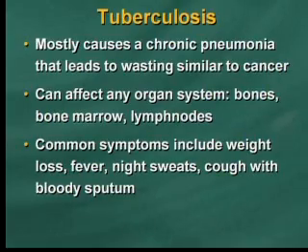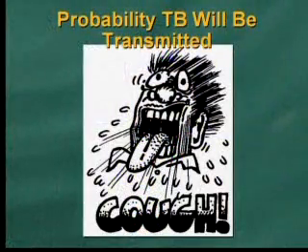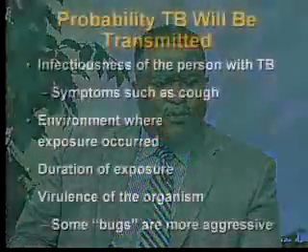So let's look at the probability TB will be transmitted. We need to know why some people acquire TB and some don't, coming from a case exposure. So the probability of TB being transmitted has different variables that you need to know.